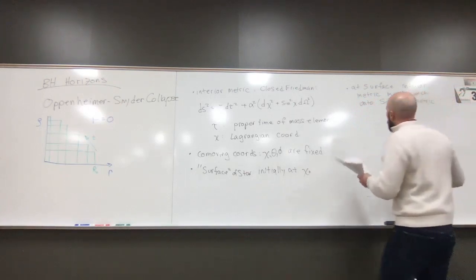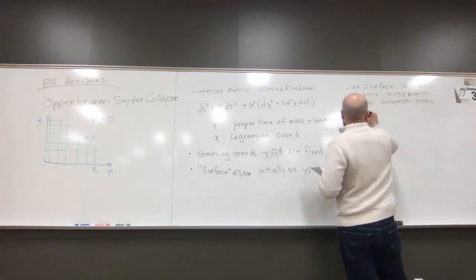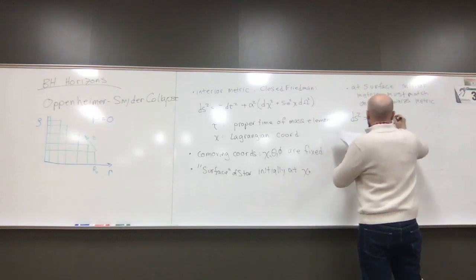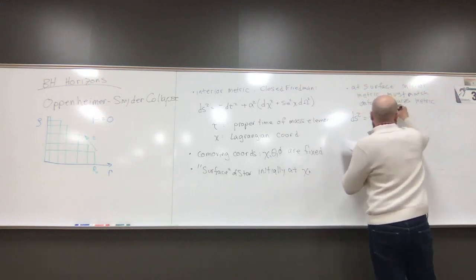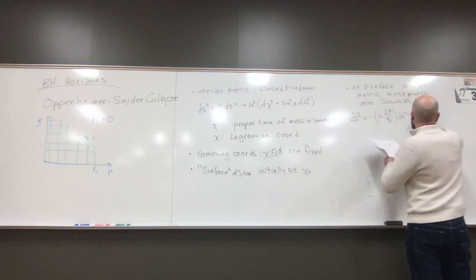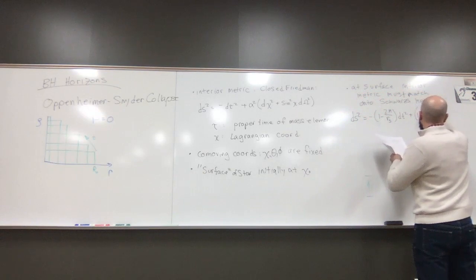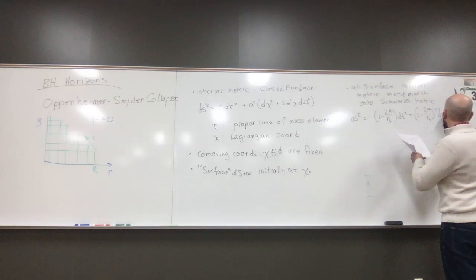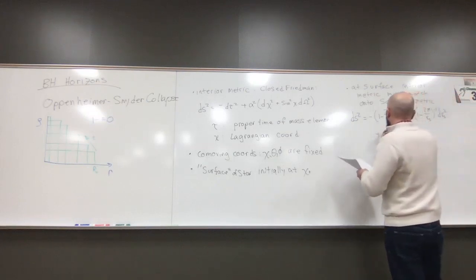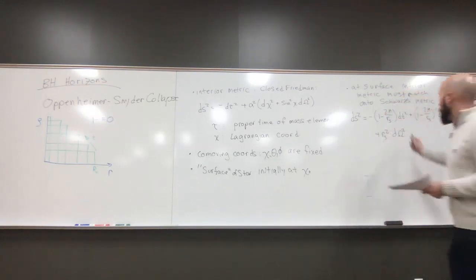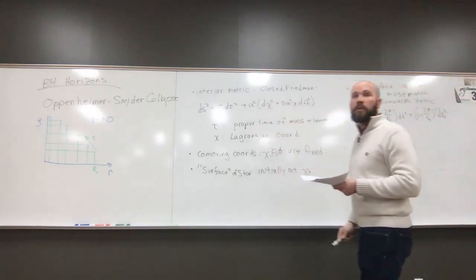So there, we've got to agree with ds squared equals minus 1 minus 2m over r_s, our Schwarzschild radius, dt squared, not tau, plus 1 minus 2m over r_s inverse dr_s squared plus r_s squared d omega squared. So that's our Schwarzschild metric, and it must be equal to this metric at the surface of the star.